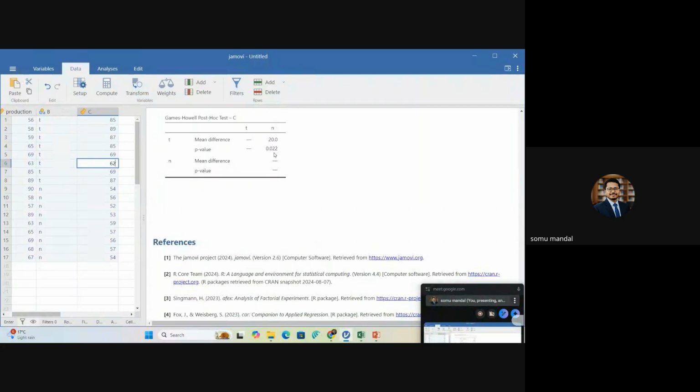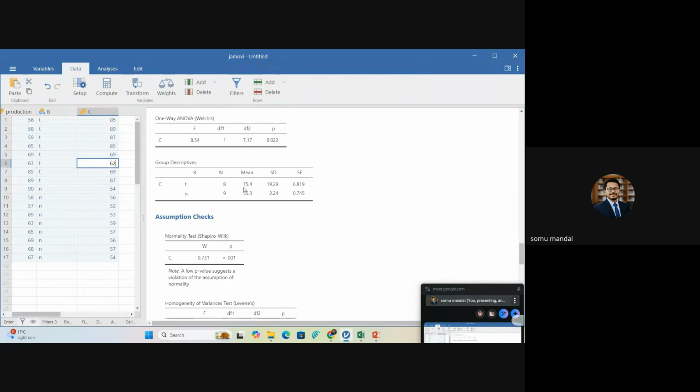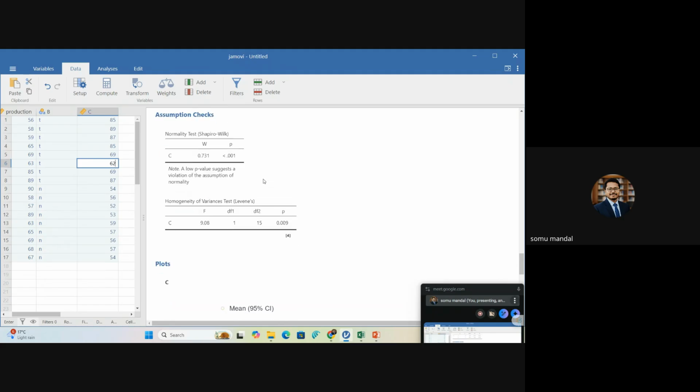Look here, post hoc test 0.022. It indicates that there is a significant mean difference in agricultural production. And what is exactly the mean difference? 20. How can you calculate the 20 from here? 75.4 minus 55.3, around 20.